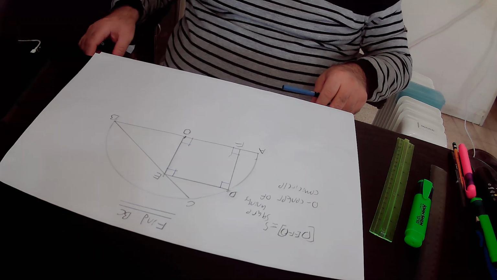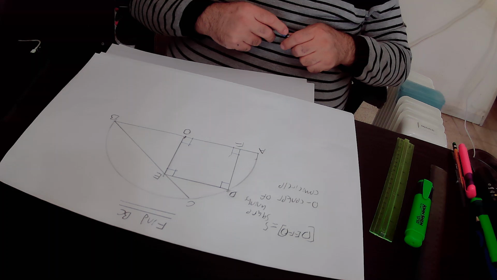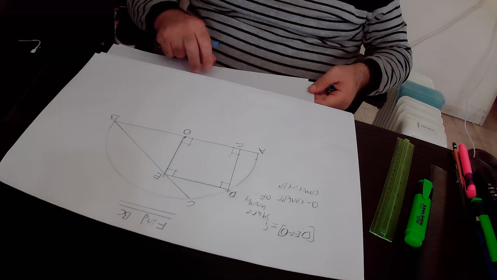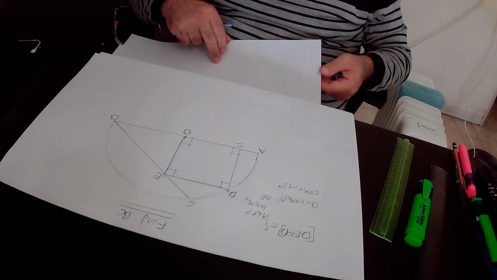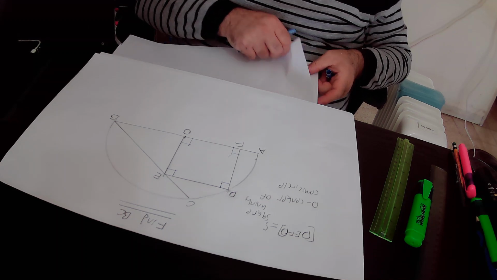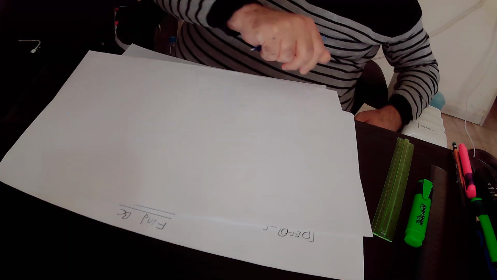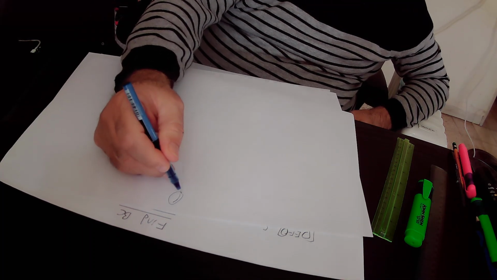And we also know that the area of this square, DEFO, is equal to 5 square units. So I can write down that the area of square DEFO is equal to 5 square units.